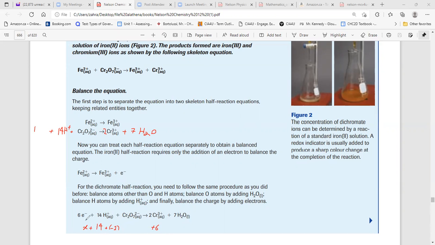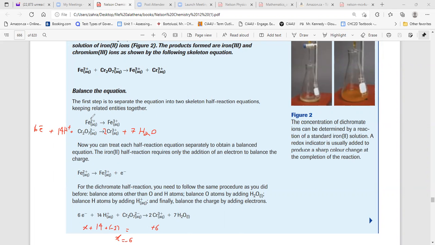So this charge here should be equal to that. So it's 12, right? So X equal to -6 means I need to have 6 electrons here. That's why we put 6 electrons there. Make sure all charges here and charges here are the same, equal.